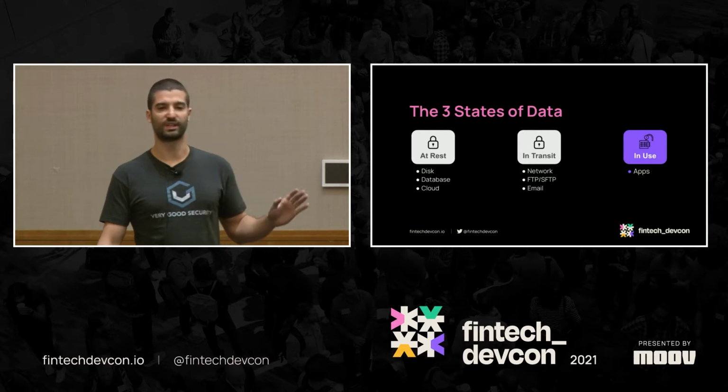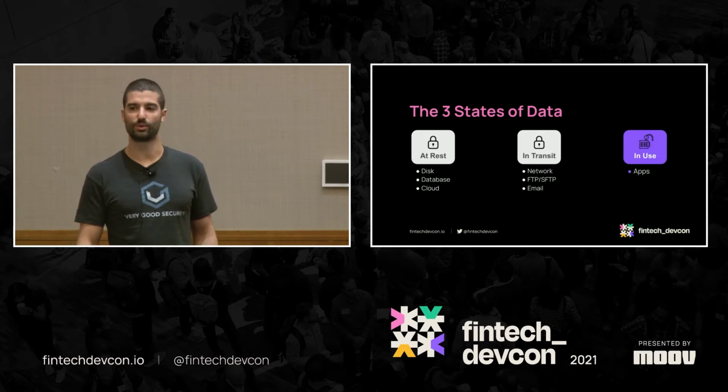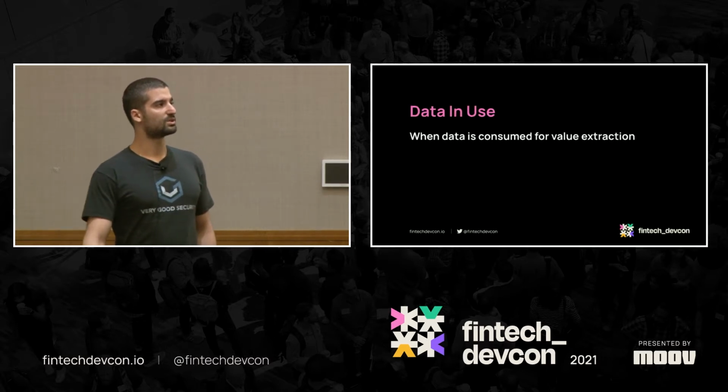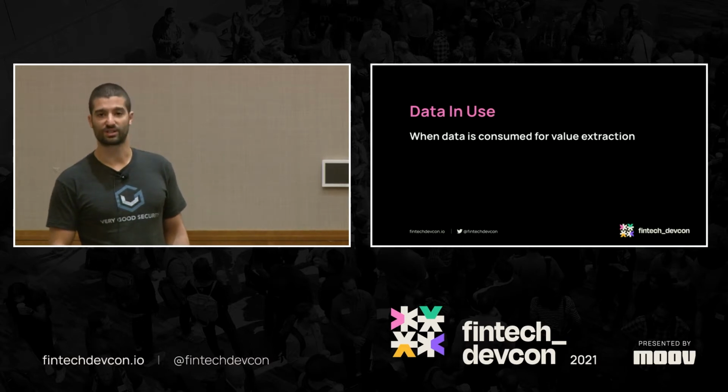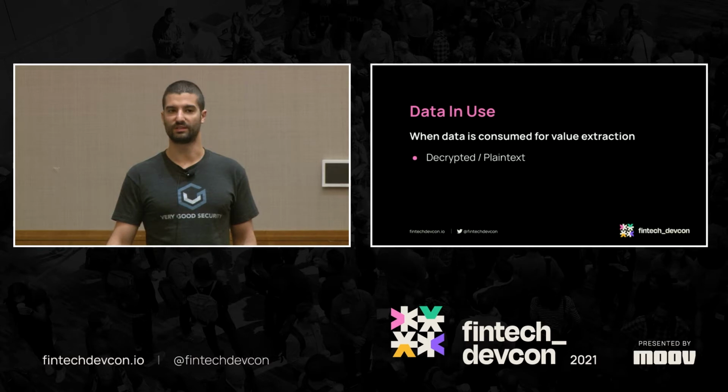And let's focus on data in use, because data in use is the state of data where computations happen. It's an important and arguably one of the most vulnerable states of data. Why, you may ask? Well, while data in use is when data is consumed for value extraction, it's also when data is decrypted and exposed in plain text.